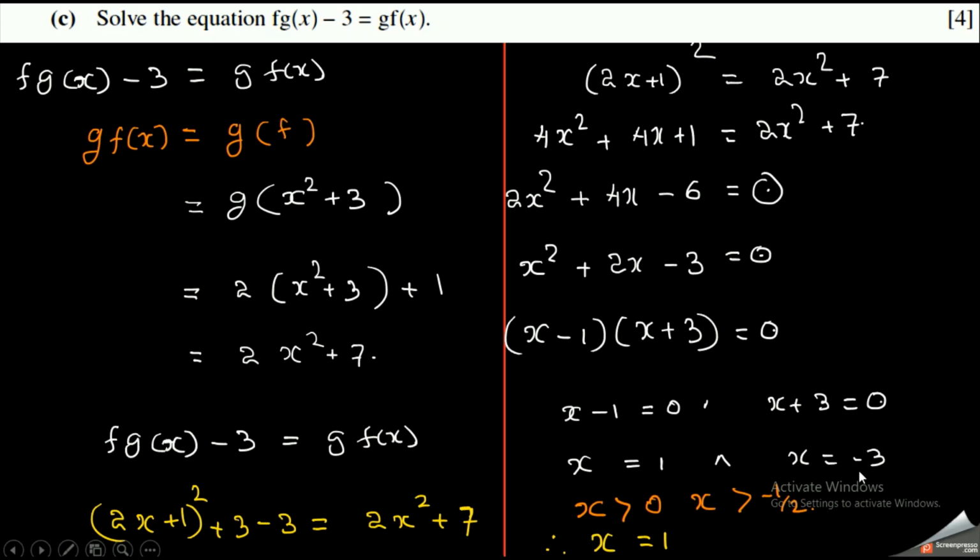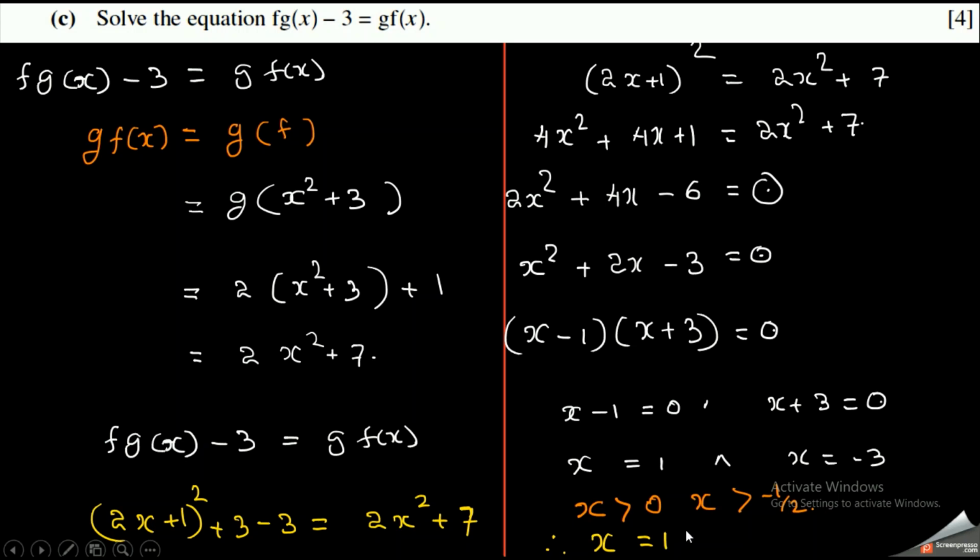Even in this case, most of the students would tend to give this also as an answer, but you should be very careful, because if you have not understood this domain concept clearly, you blindly come here and never think of these things. When you are giving answers for function questions, you have to be very mindful about what is the domain of this function, what is the range of this function, right? Because some values cannot be taken if there are restrictions for the domain. So you have to be very careful here.